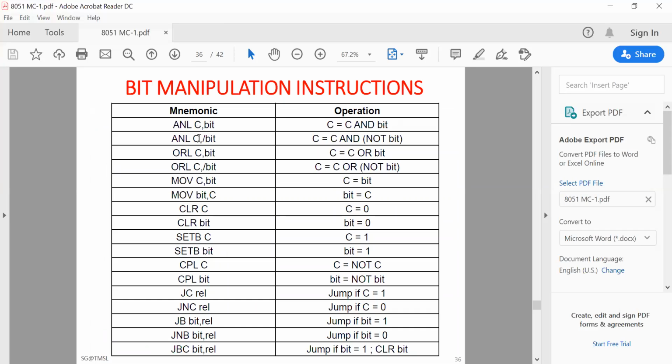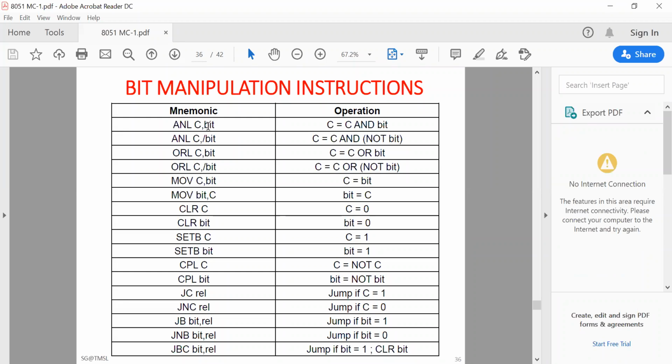This C represents, there is no C register in the 8051 microcontroller, C here represents the carry flag. So AND operation of the carry bit and the particular bit of any address.